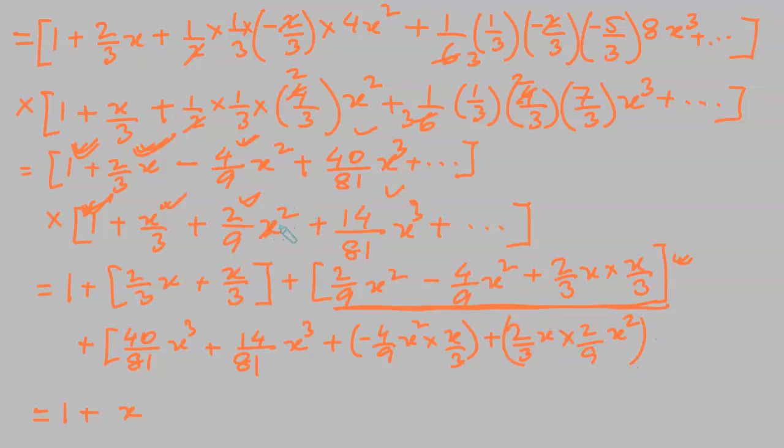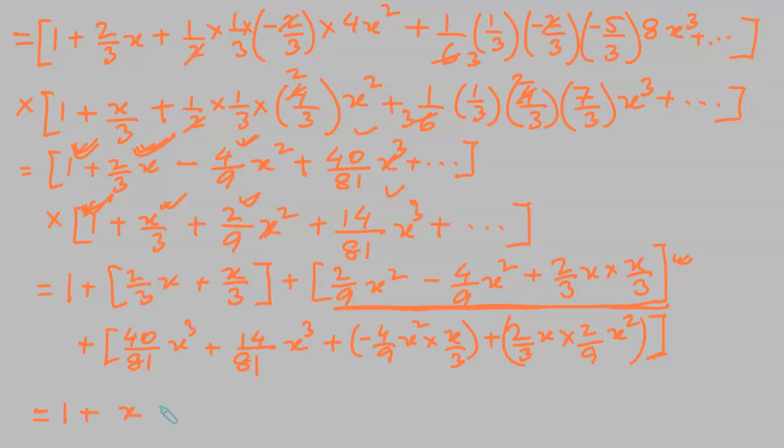Can we have these two and these two? Yeah. So these are the only ways in which we can get the power of x as 3. There is no other way possible. So these are the only ways.